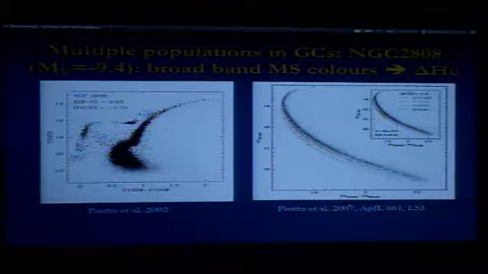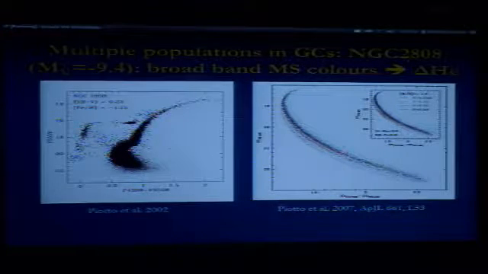These are broadband colors, typically blue against I, so it's B minus I essentially, but you need the HST photometry to do this. And the stars in these three sequences can only be justified by a difference in helium, because the metal abundance is the same. No distinction in metal abundance. So there should be a difference in helium. Note that it is not a binary sequence because the binary sequence is on the other side.